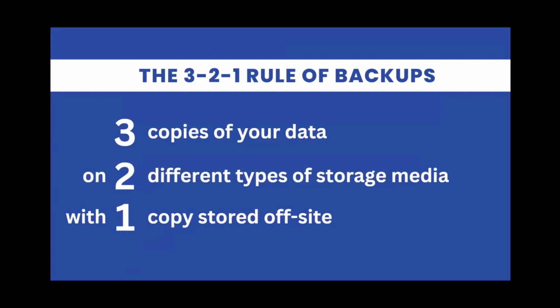So one example of how this might look in your research process is that you primarily work with your data on networked storage as part of your department or IT systems here at UK, but you also, on a daily or weekly basis, upload your data to an external hard drive. So that makes sure that you have two different storage media that you're using.